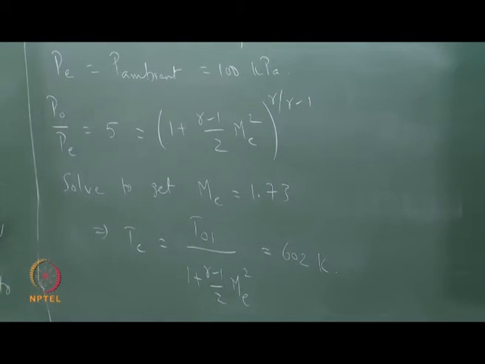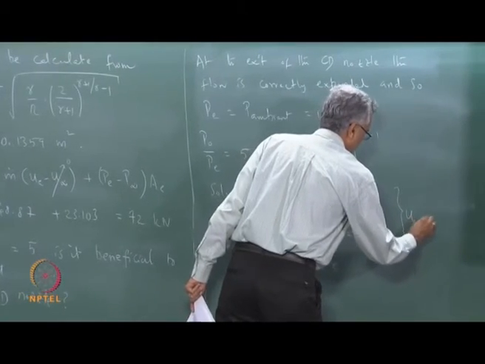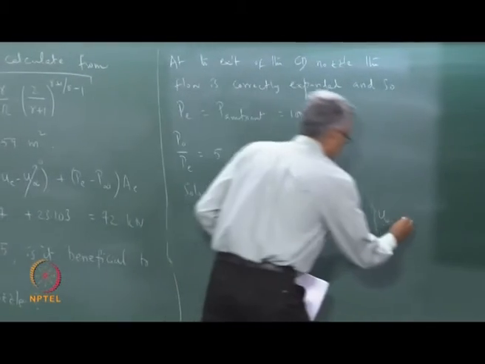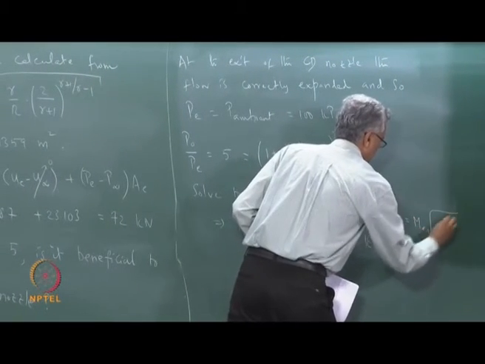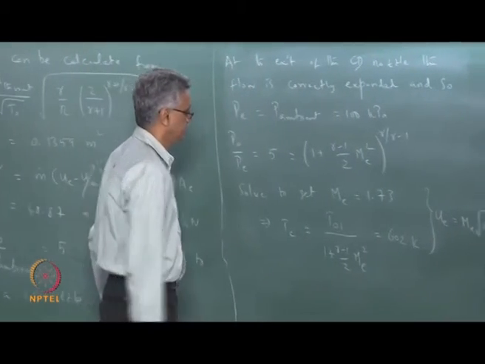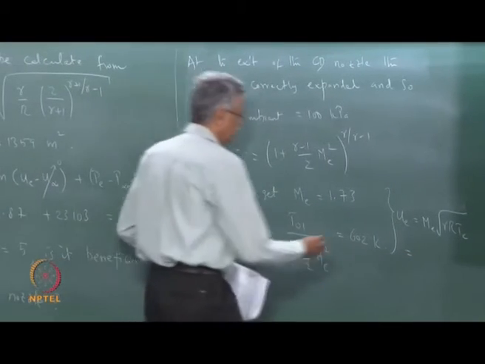And using these two values, exit Mach number and static temperature, I can get my U exit as ME times square root of gamma R TE, and the exit velocity comes out to be 830 meter per second.